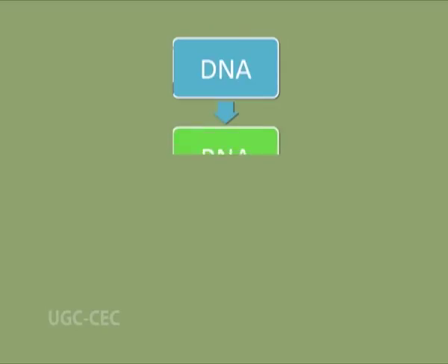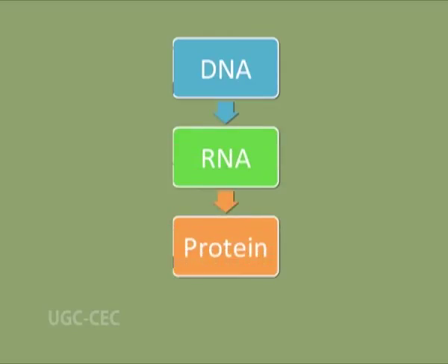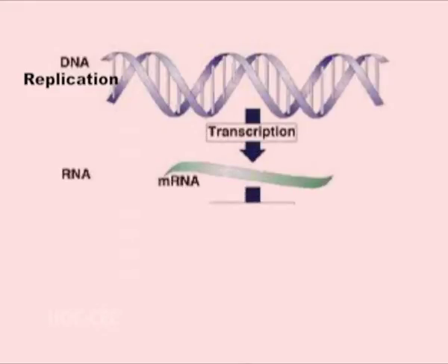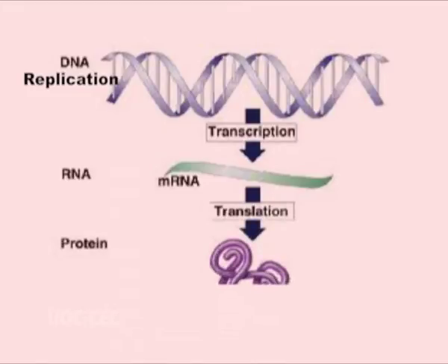The biological information flows unidirectionally from DNA to RNA and from there to proteins. The normal flow of biological information is such that DNA can be copied to DNA through DNA replication, DNA information can be copied into mRNA through transcription, and proteins can be synthesized using the information in mRNA as a template through translation.